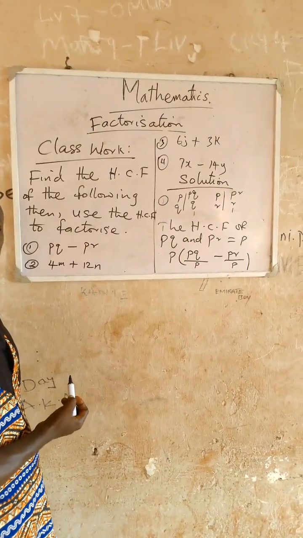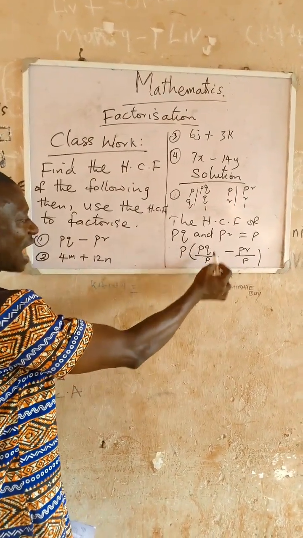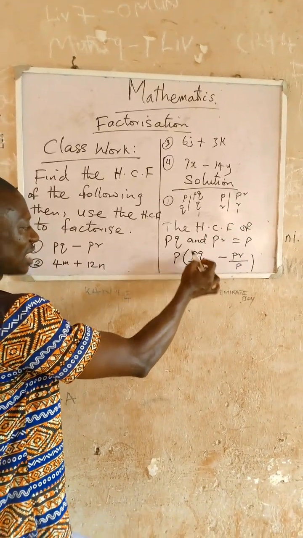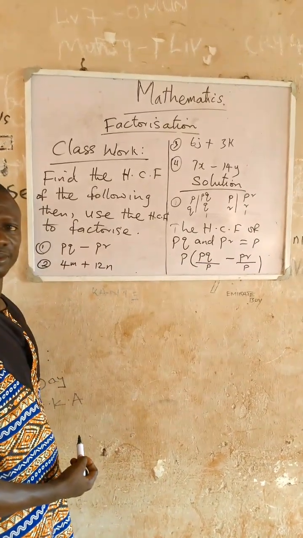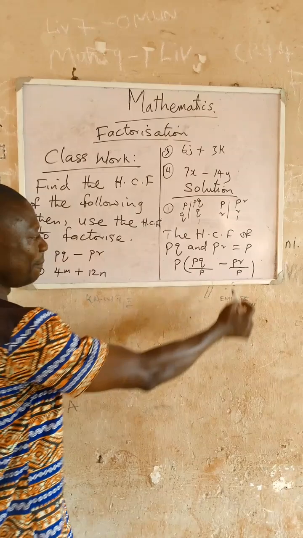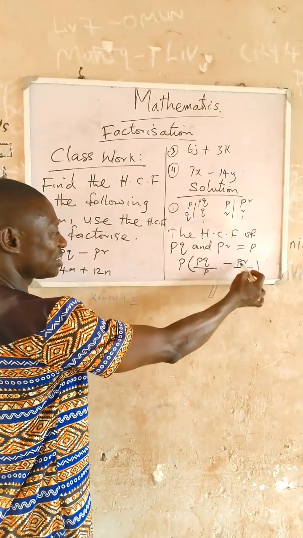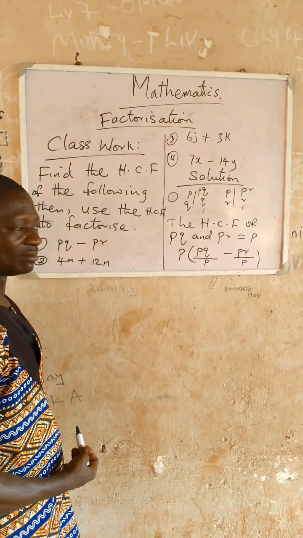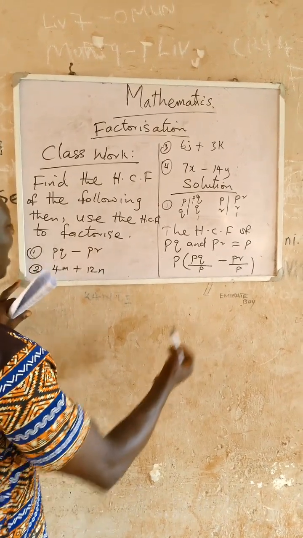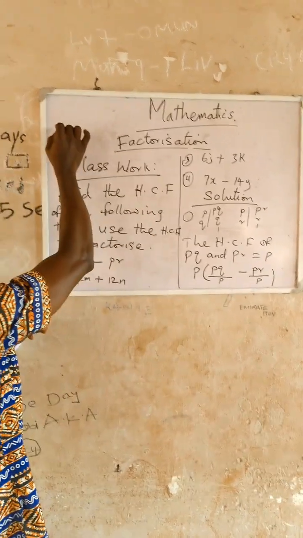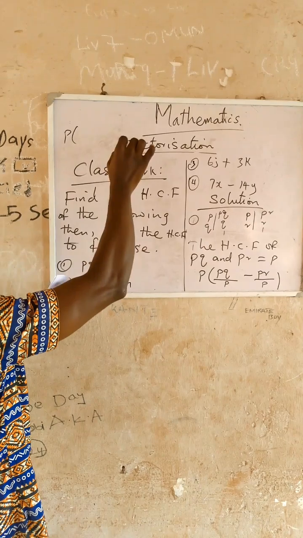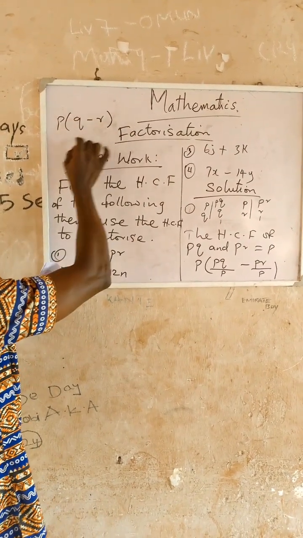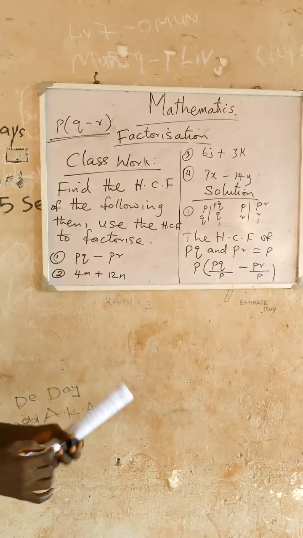PQ means P times Q. Therefore, we can cancel out. When P cancels out, we have only Q. And so the last answer will be P bracket Q minus R. This is the last answer for number 1.